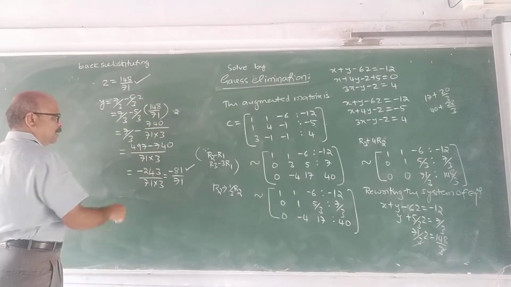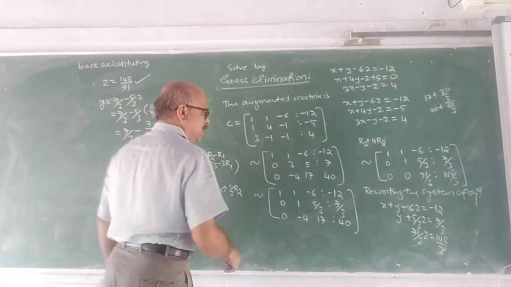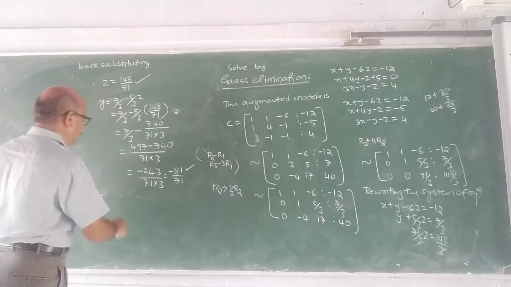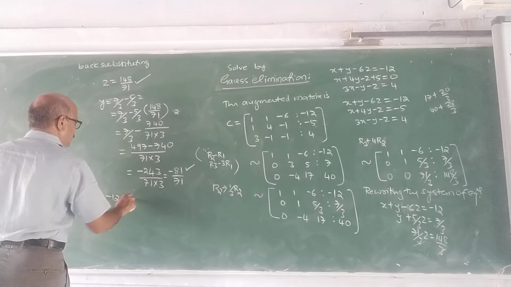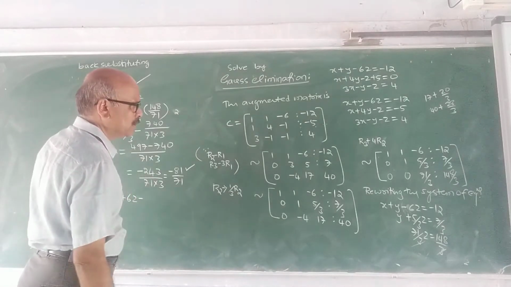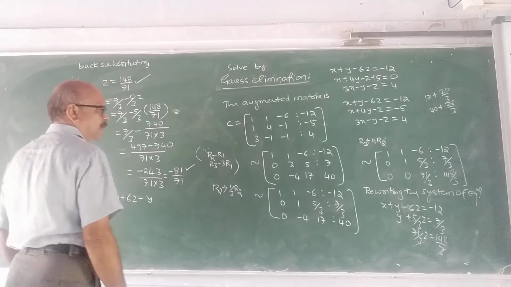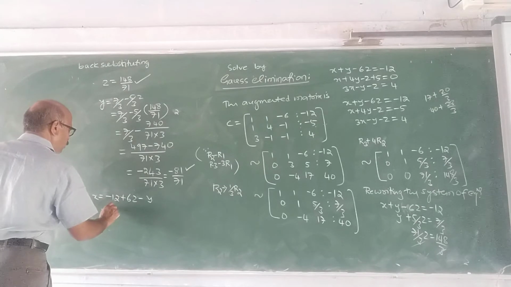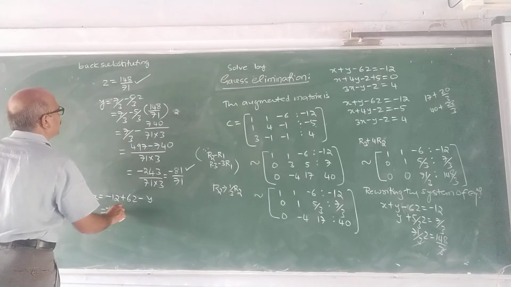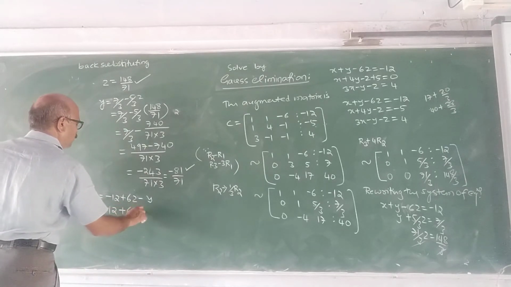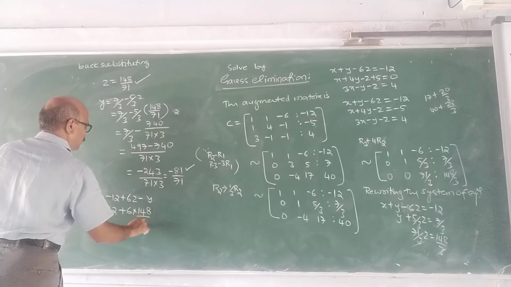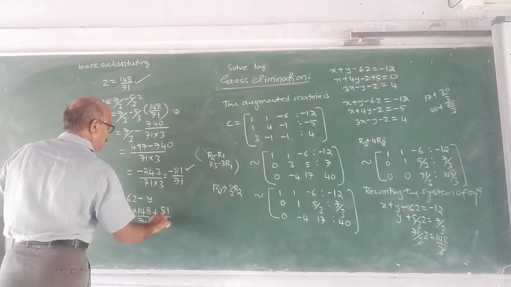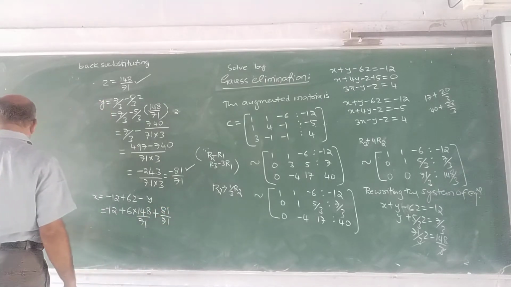How to find out x? Now we go back to the first equation. This is called back substitution. x is minus 12 plus 6z minus y. Minus 12 plus 6 into 148 by 71 minus y, plus 81 by 71.